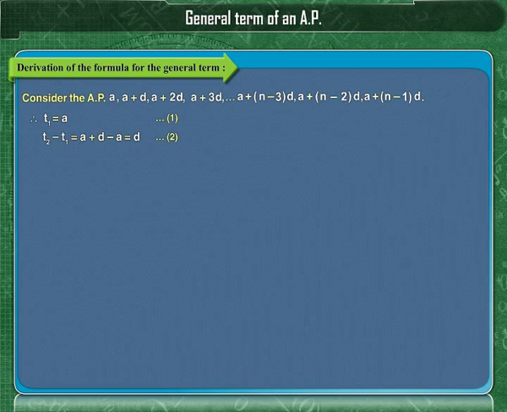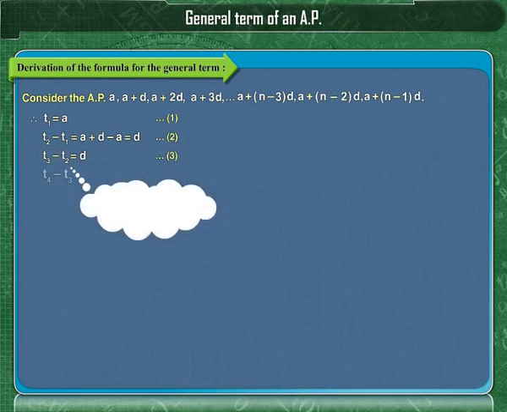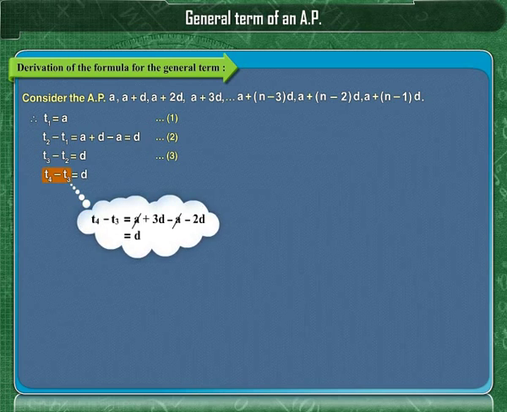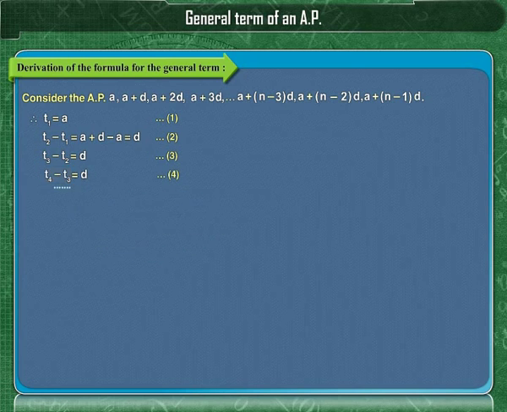Since it's an AP, the difference between any two consecutive terms must be the same. Therefore, T3 minus T2 is equal to d, T4 minus T3 is equal to d, and so on. What is the term before the (n minus 1)th term? The term before the (n minus 1)th term is the (n minus 2)th term, that is, T(n minus 2).